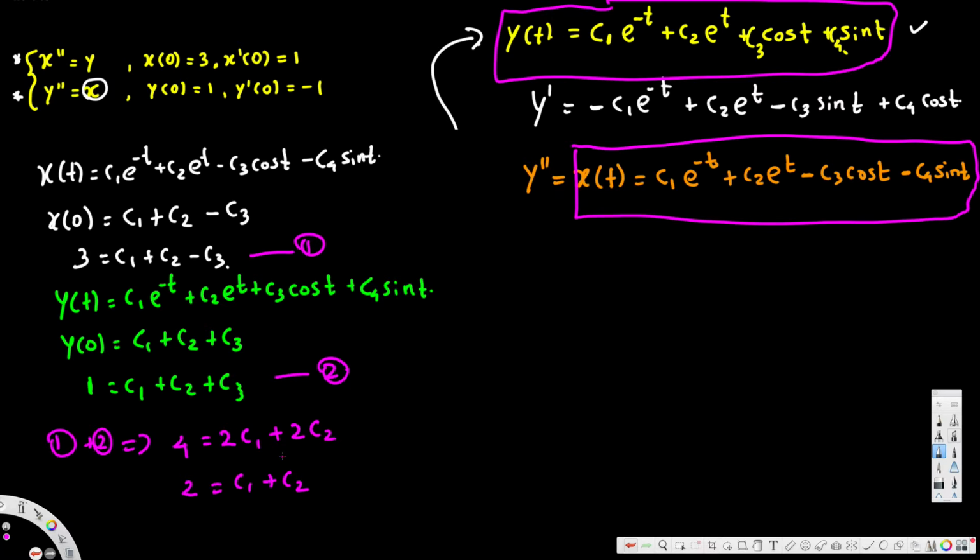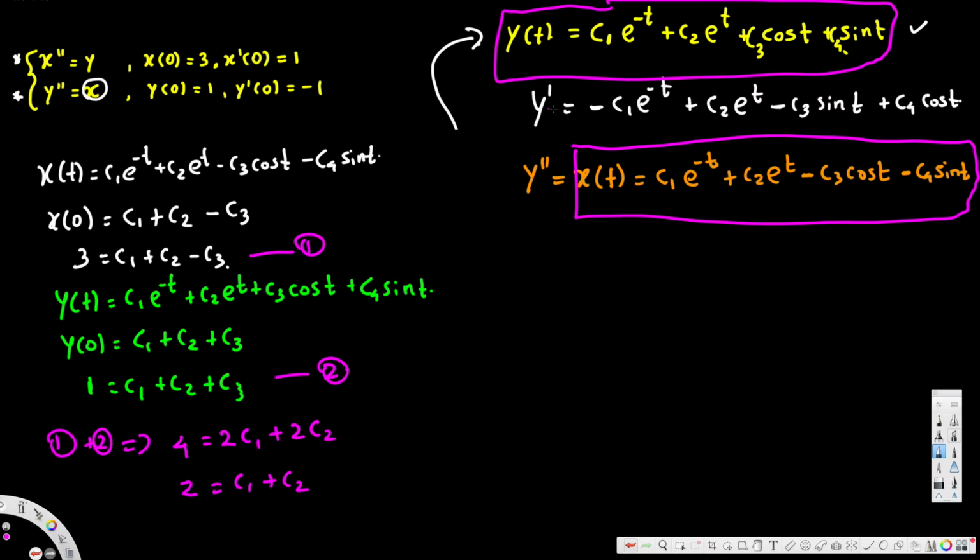Okay, let's see what we can find from that. We have c1 and c2 value and x prime of 0. Okay, let's see whether we can find something from this. We have c1, c2, and let's take the derivative values.